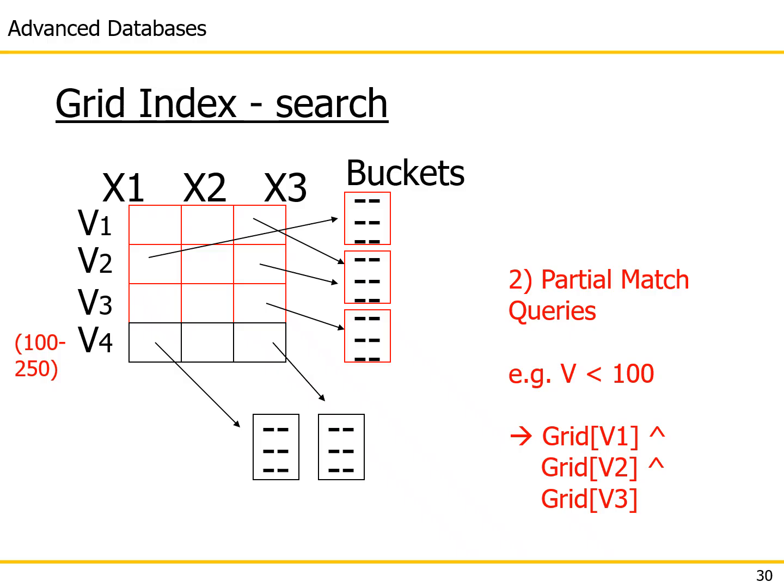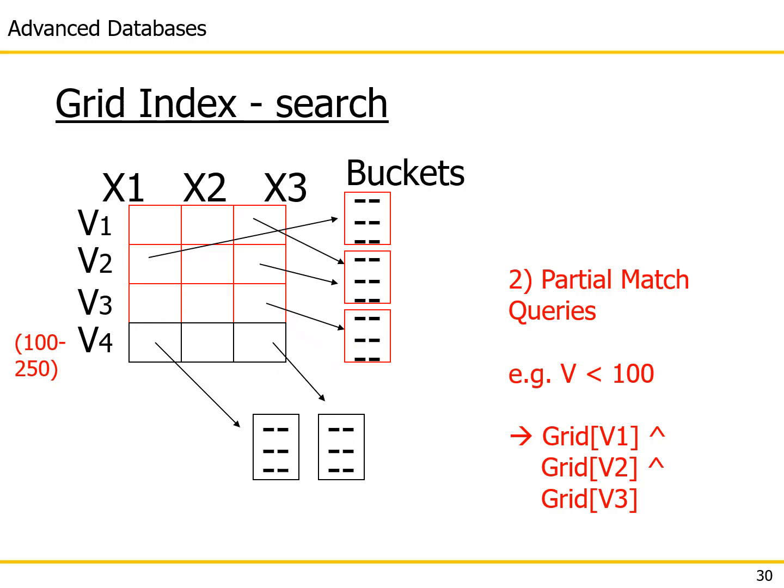What if you have a partial match query, or partial queries? Like, for example, select star from where V is less than 100. Since I didn't get a value for the X dimension, I'm not going to isolate myself to any specific column. What I'm going to do is work with all the rows where V was less than 100. So it's going to be basically the first 3 rows in my grid.